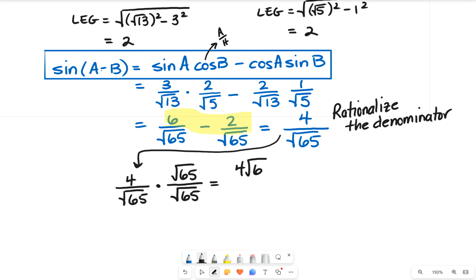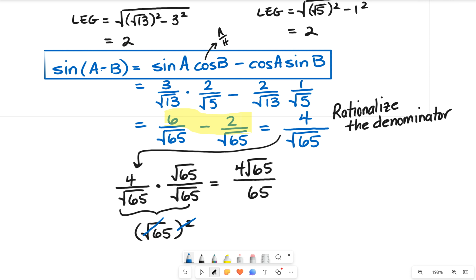So 4 times square root of 65 is just going to be 4 times the square root of 65. Put them side by side to imply a product, a multiplication. And square root of 65 times square root of 65 is 65. Why? Because when you multiply square root of 65 times square root of 65, it's just square root of 65 squared.